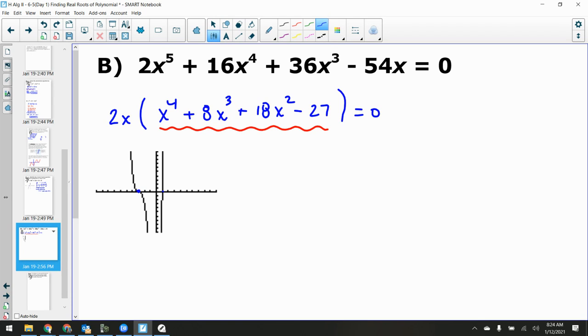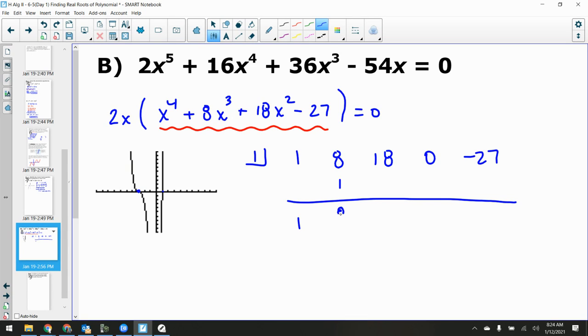So let's do it. So we put 1 in the box. I keep chipping away at this red piece. 1, 8, 18. Don't forget to catch the 0, -27. Keep going. 1, 9, 27, 27, 0.